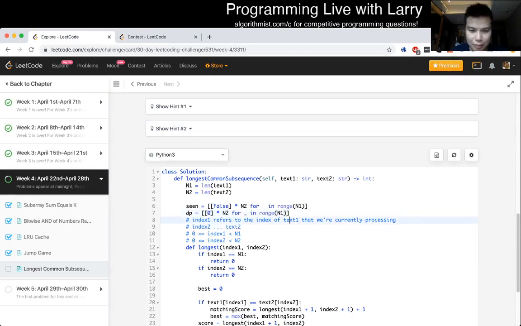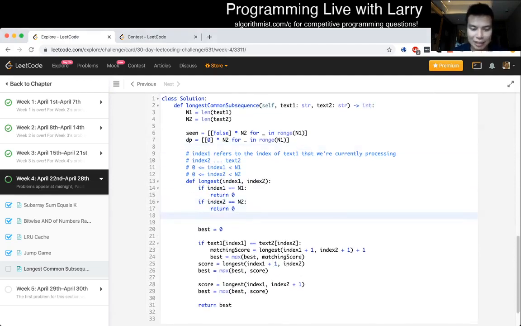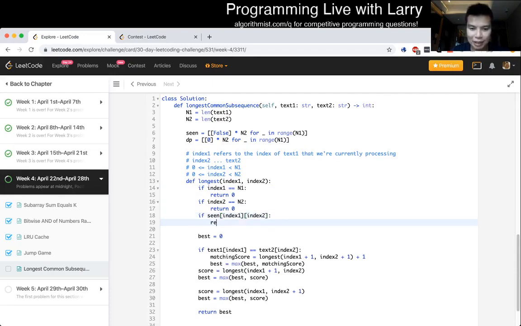Okay, assuming that this doesn't reach n1 or n2, we could do something like: if we've already seen index 1, index 2, then let's return dp of index 1, index 2. That's where we put it.